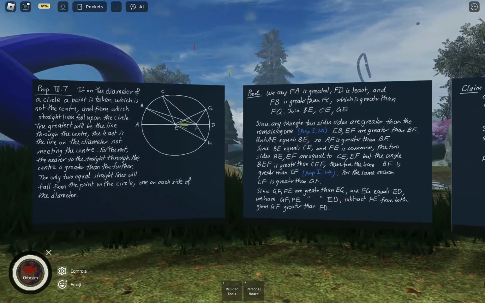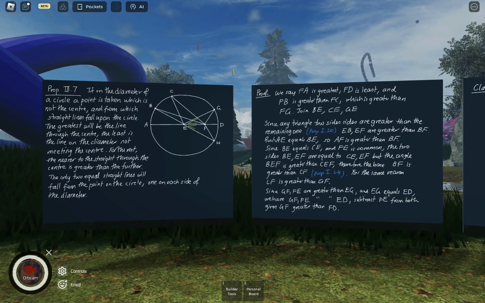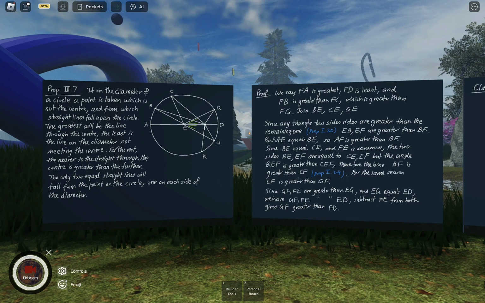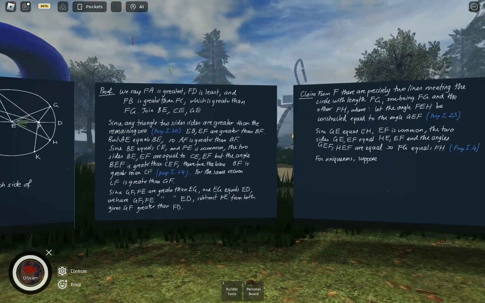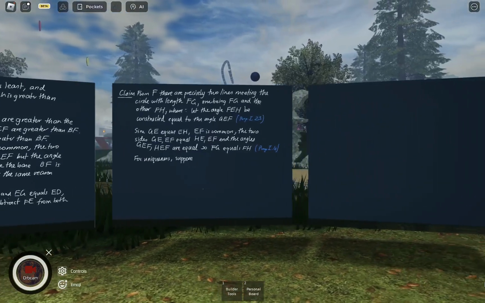If we were to draw some other K and have this line FK be equal to FH, well, either K is closer to A or further away than H. And by the earlier part of the argument, if it's further away, that line must be longer. And if it's closer to D, then it must be less. So it would be a contradiction for FK and FH to be equal in length if their endpoints are different. And if their endpoints are the same, then they're the same line.